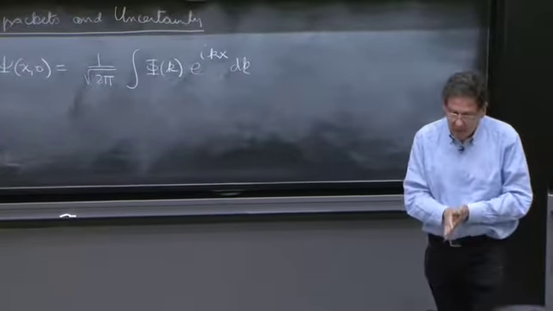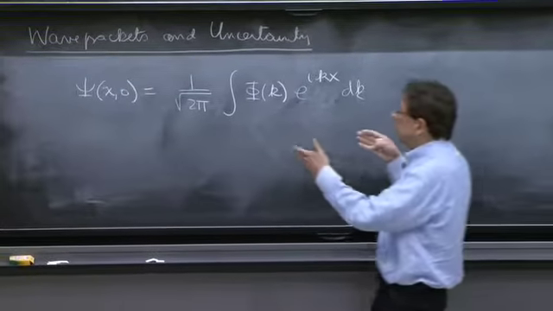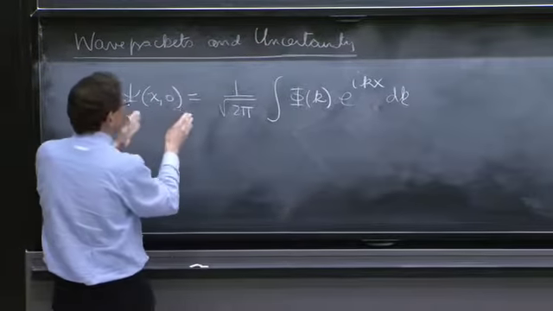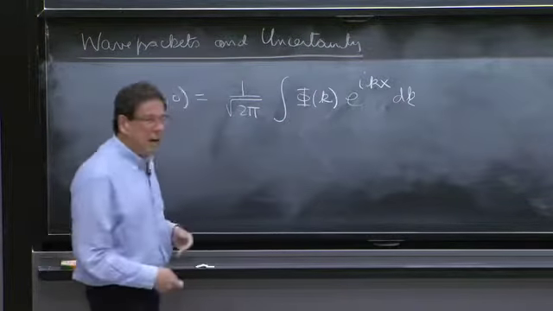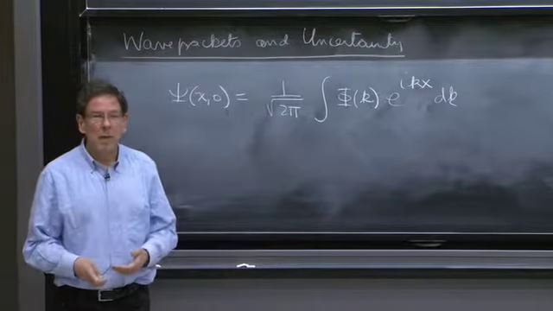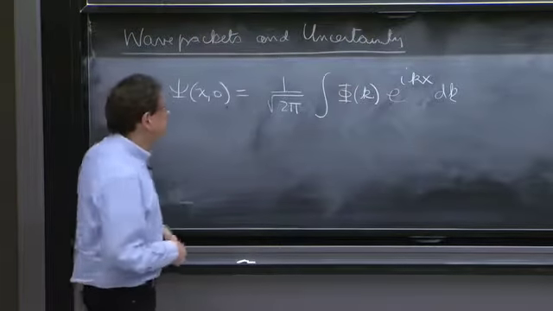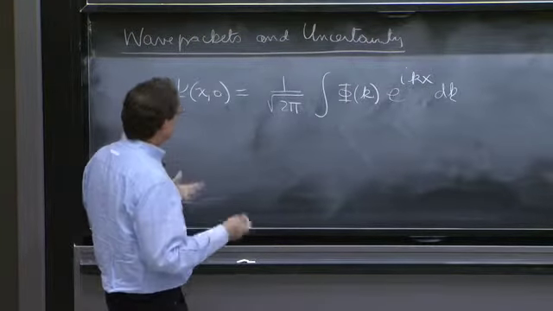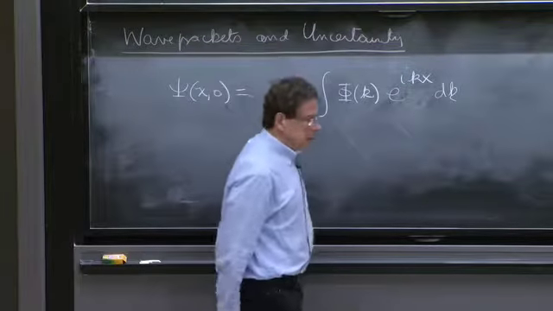So this whole idea of a general wave function being written in this way carries physical meaning for us. It's a quantum mechanical meaning, the fact that this kind of wave has momentum.